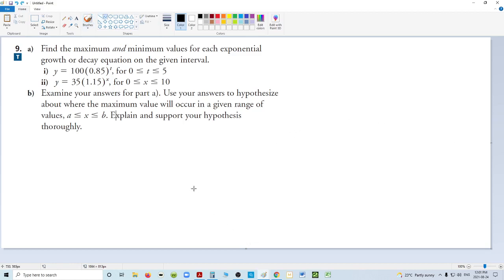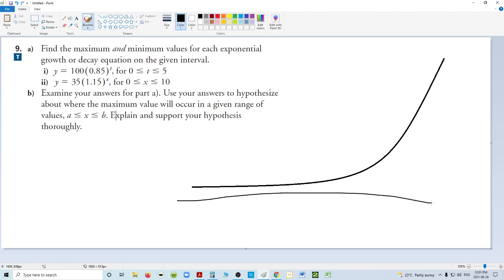So a growth curve will always start small and get big, like that. But it'll always be increasing as I go from left to right on the x chart. Y will always be increasing. It doesn't do like a sine curve. It doesn't go up and down. So for me, anything on the left will be a smaller y value than anything on the right. And the slope will always be positive on a growth curve.